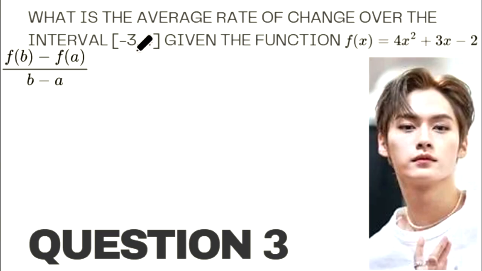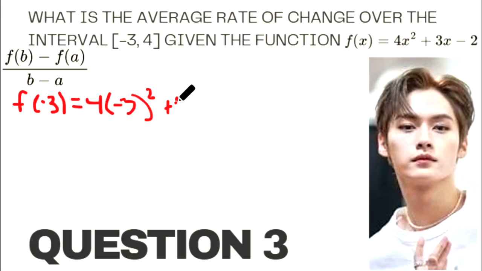Okay, first we need to find our coordinate points. So we're going to plug these x values into this formula. Our first one is f of negative 3, that's our first x value, is equal to 4 times negative 3 squared plus 3 times negative 3 minus 2.